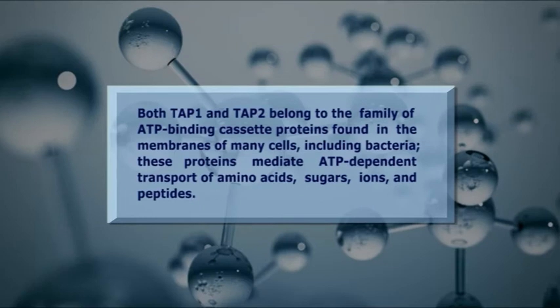Both TAP1 and TAP2 belong to the family of ATP binding cassette proteins found in the membranes of many cells, including bacteria. These proteins mediate ATP-dependent transport of amino acids, sugars, ions, and peptides.